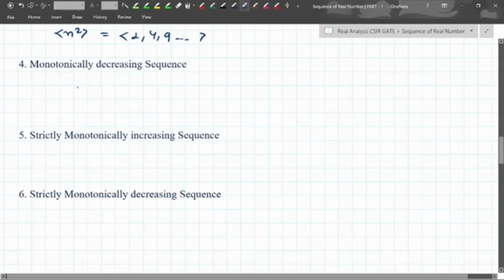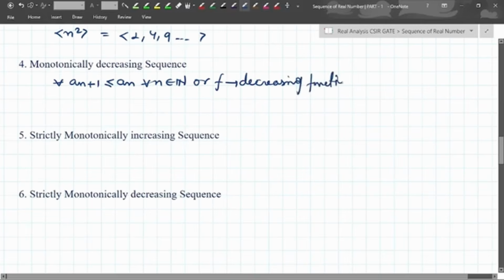Now next we have monotonically decreasing, just the opposite thing. It means that every next element should be less than or equal to the previous element for every n belonging to the natural numbers, or you can say your function is a decreasing function. Let's say minus n.